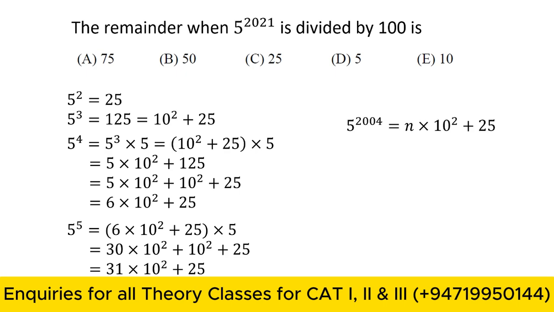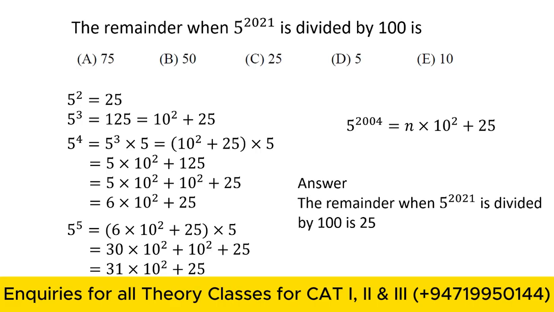So I can write a simple formula for this one like this: 5 to any number, 2004, is equal to n times 10 to the power of 2 plus 25.